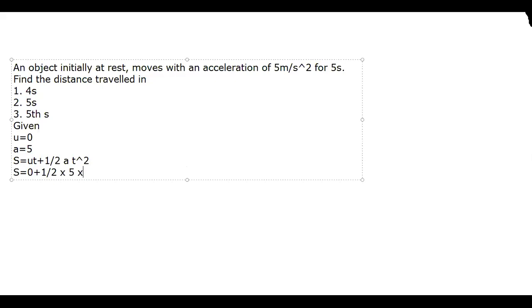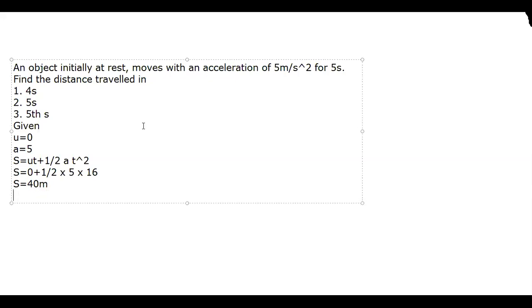Find the distance traveled in 4 seconds. So 4 4s are 16, 4 square. So what we get, s is equal to half into 5 into 16. So here we get the answer as 40 meters.